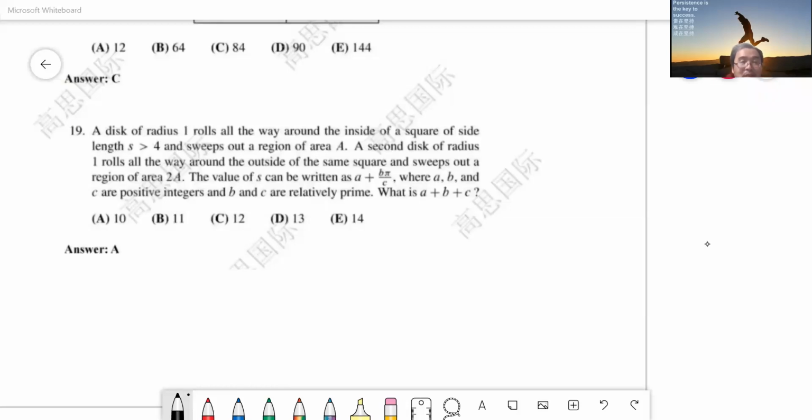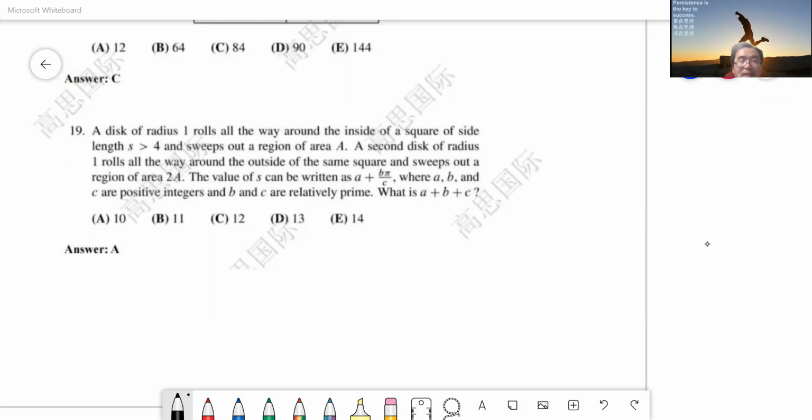Question number 19. A disk of radius 1 rolls all the way around inside a square of side length s greater than 4 and sweeps out a region of area A. A second disk of radius 1 rolls all the way around the outside of the same square and sweeps out a region of area 2A.